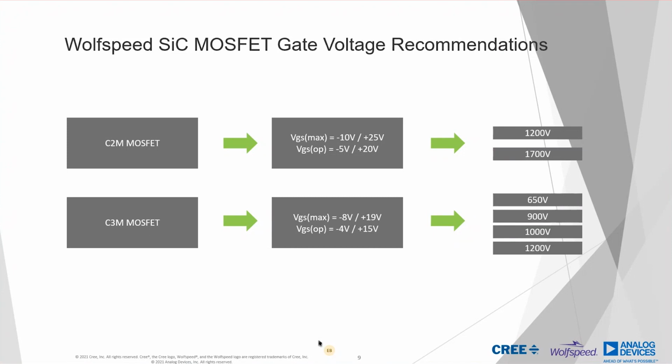We've since migrated to +15 volts on our third generation parts and -3 to -4 volts for turn off. That's going to continue into the foreseeable future, into any future generations we plan on coming out. We'll stick with the third generation drive levels to enhance compatibility going forward.